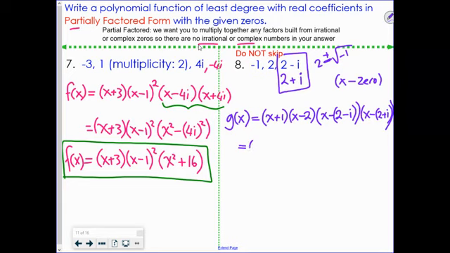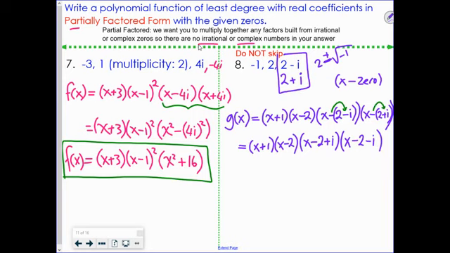So let's have a look at that in more detail. x plus 1, x minus 2, x minus, distribute that negative there, minus 2 plus i, and this one would be x minus 2, don't forget to distribute that negative, minus i.